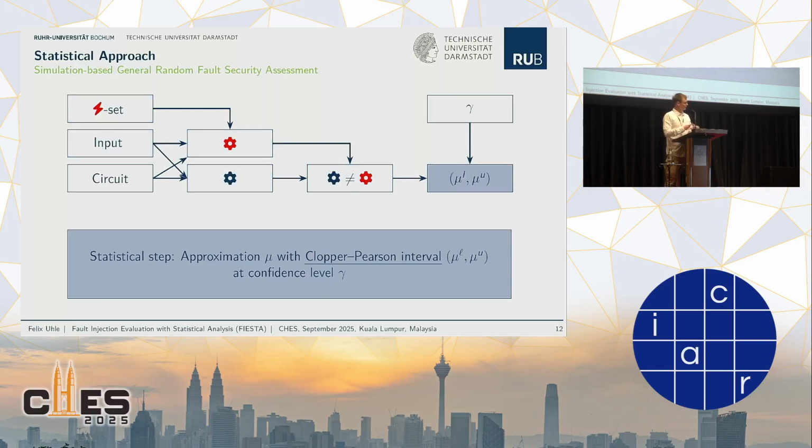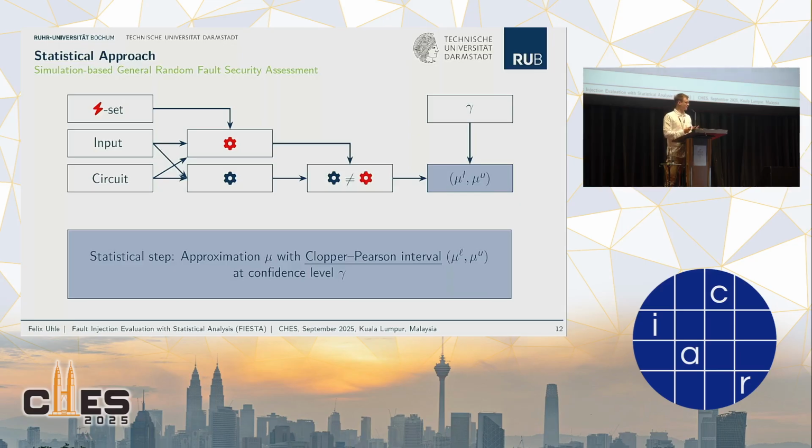And then we have a statistical step. In this statistical step, we use the Clopper-Pearson interval to approximate the real advantage, the real mu, at a specific confidence level gamma, which is also user-supplied. An important property of this Clopper-Pearson interval for our use case is that it's conservative.